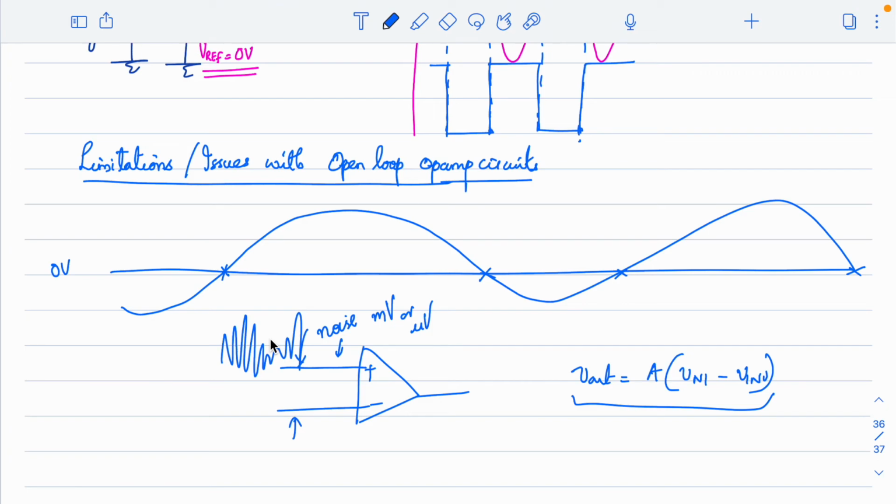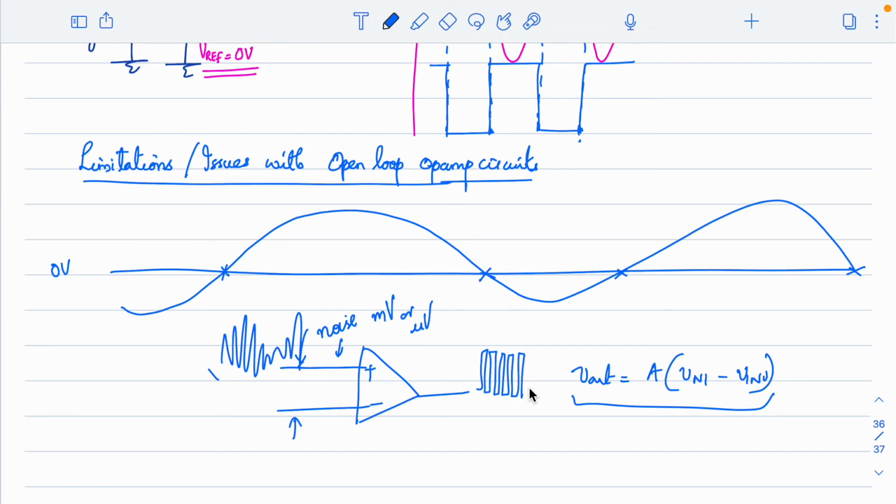So this is a potential problem, because you will expect your output to keep switching between plus Vsat and minus Vsat, making transitions, but it is not actually the intended transition, right? I hope you understand the scenario. There is a slow changing waveform where one input terminal is connected, and the other input terminal, say, is kept at 0.